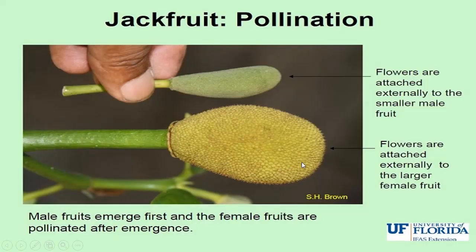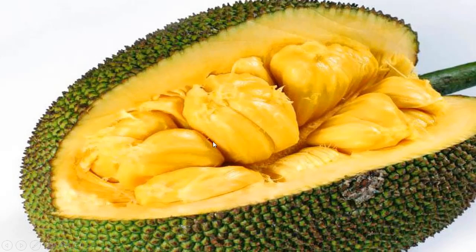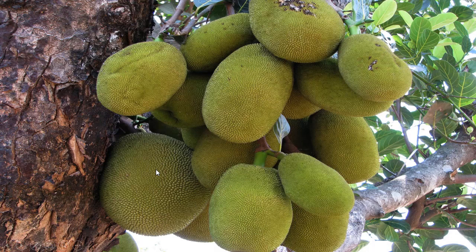The structure is explained here with tiny flowers, and from the female, it similarly turns into the female flowers over here. And after fertilization, the fruit structures are found here. Okay, next, and ultimately it turns into the jackfruit that we all know and love, right?